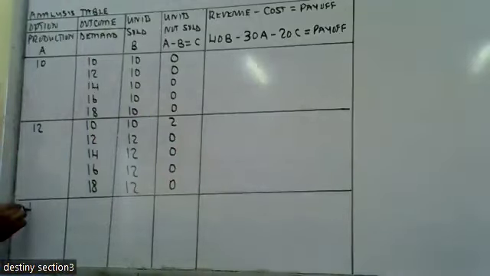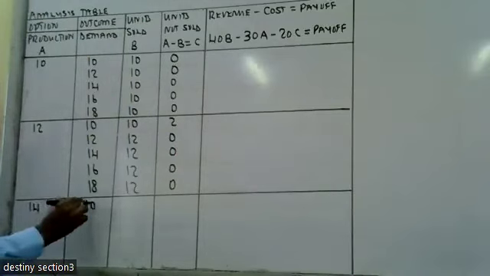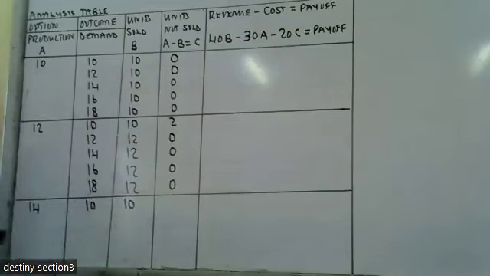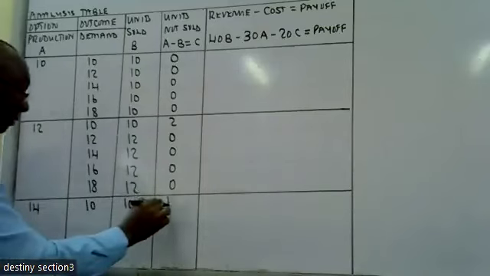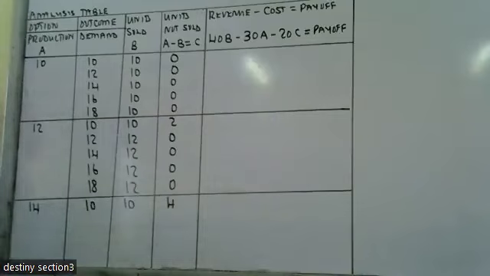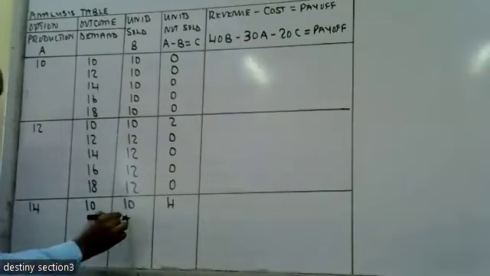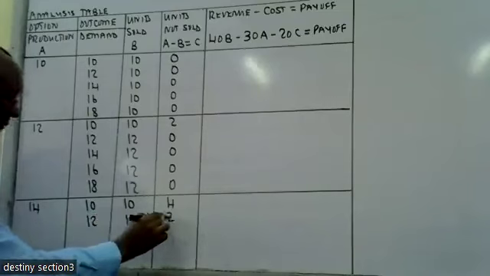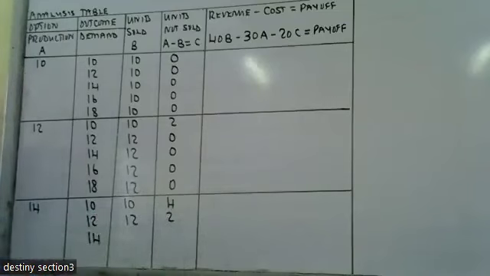And let's assume they now produce 14. If they produce 14 and 10 customers come, they sell 10. And how many remain? 4. If 12 customers come, they sell 12. 2 remain. 14 customers come, they sell 14.